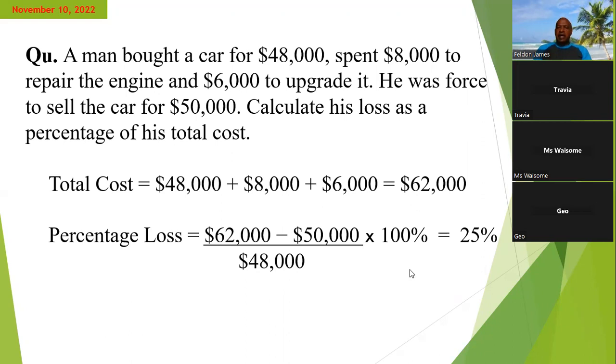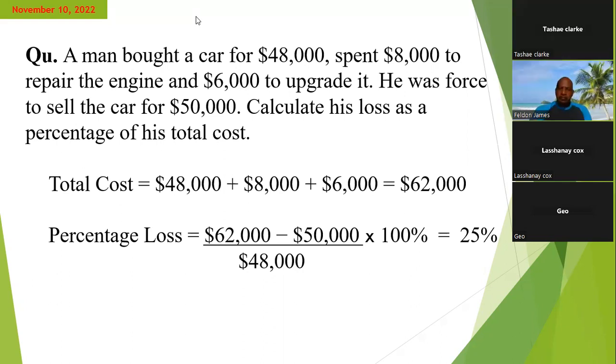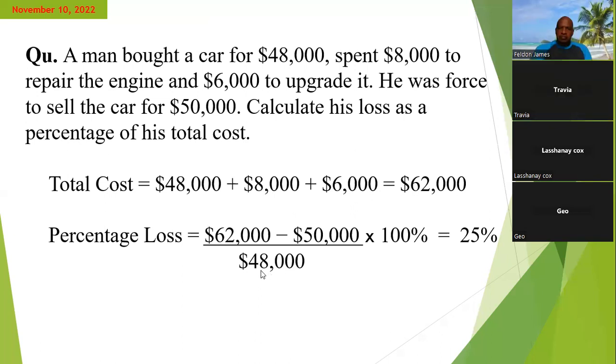All right, so, sir, question. Go ahead. Sir, why did you put 48,000 instead of 62,000 if it's the cost price?